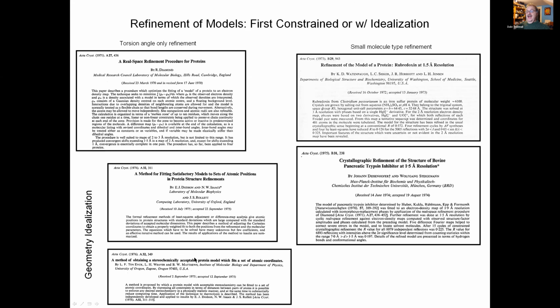So it's several years after that, but people like Eleanor Dodson and Lintonic and Neil Isaacs were working on the idea, how do you take a model and do a geometry idealization? There were quite a number of different approaches back in that time, but it was all separated out into different parts. The whole idea of a refinement program hadn't come into being yet.